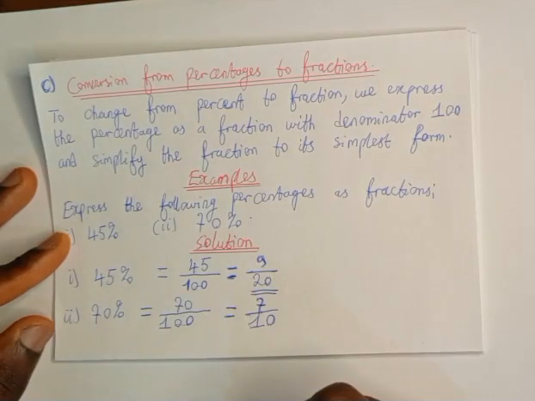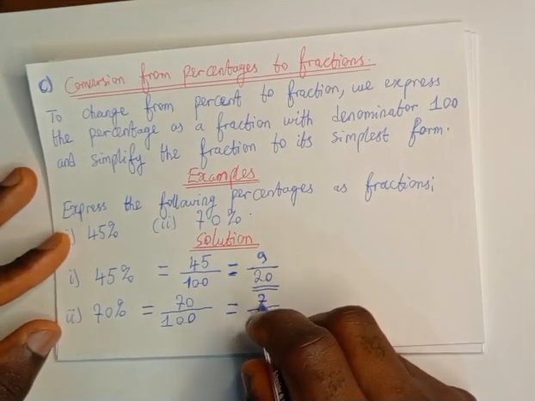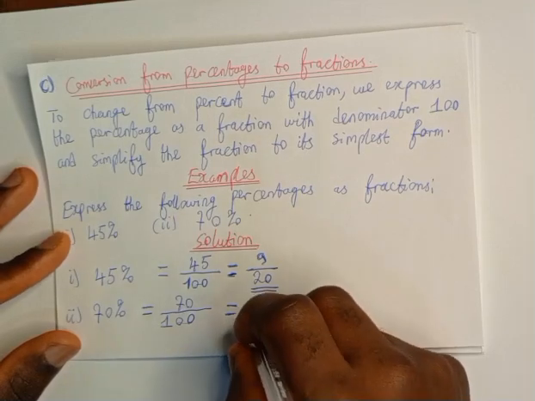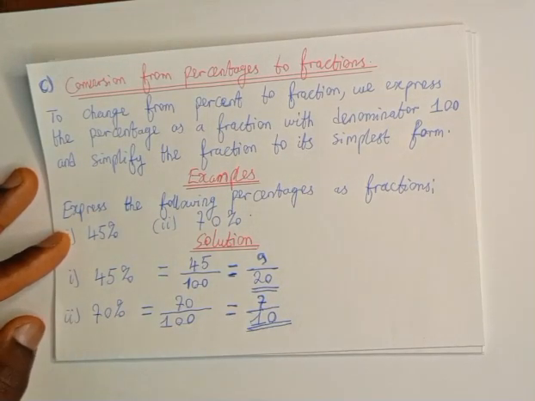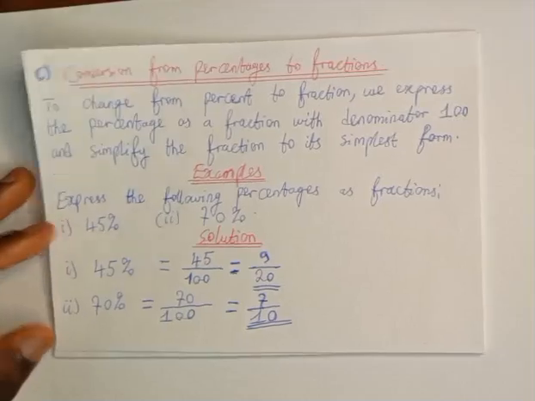The highest common factor of 7 and 10 is simply 1. Therefore, 70% as a fraction gives us 7 over 10.